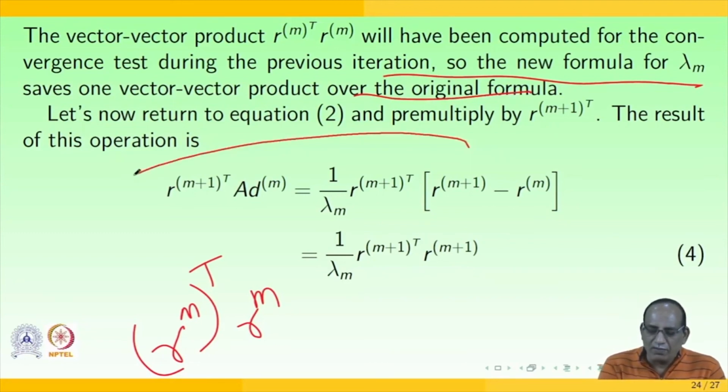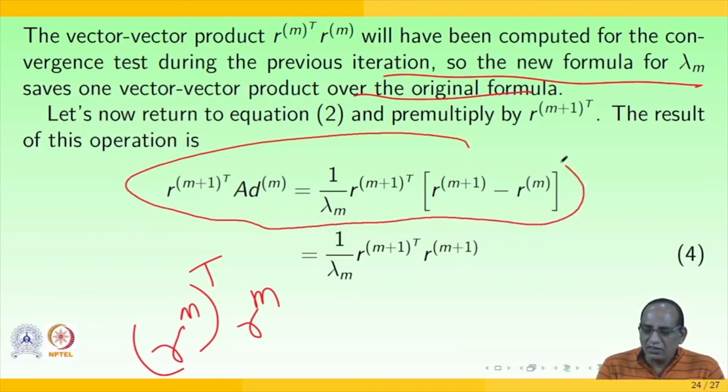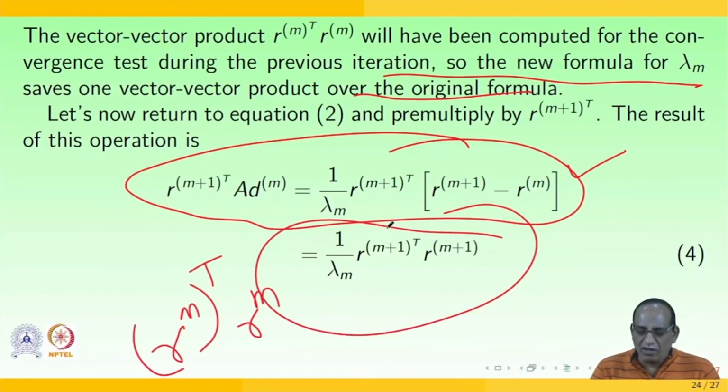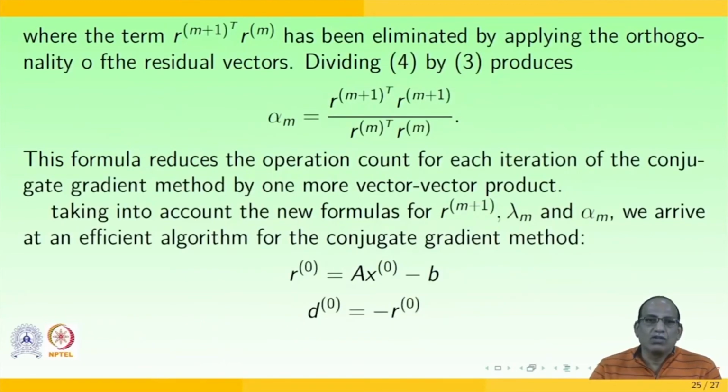So, pre-multiplying, you get r of m plus 1 transpose A d of m is 1 over lambda m times r of m plus 1 transpose multiplied with r of m plus 1 minus r of m. So, ultimately you will have 1 by lambda m r of m plus 1 transpose r of m plus 1, where the term r of m plus 1 transpose r of m has been eliminated by applying the orthogonality of the residual vectors.